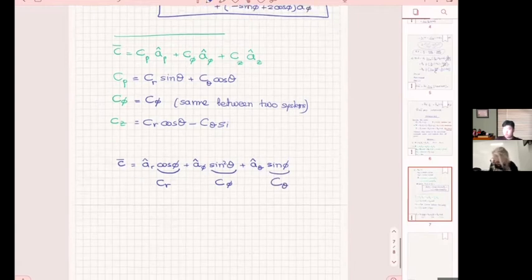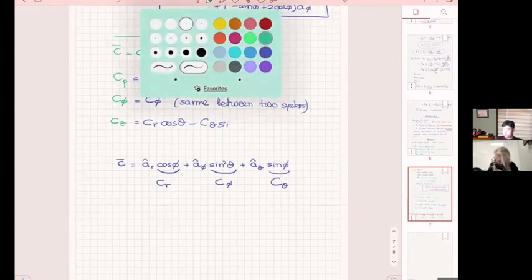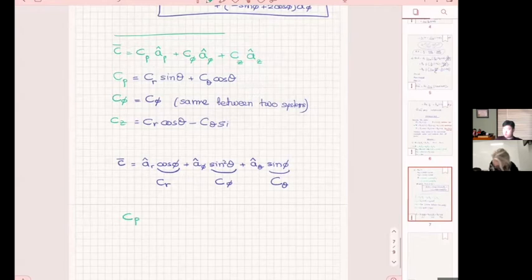So if I go above there, I'm finding the following. C sub rho will be cosine phi sine theta plus sine phi cosine theta.